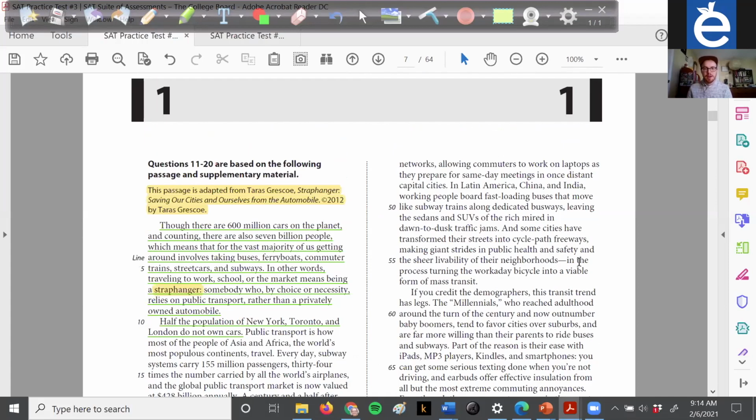And what do we got as this paragraph wraps up? Some cities have transformed their streets into cycle path freeways, blah, blah, blah, in the process, turning the workaday bicycle into a viable form of mass transit. Okay, so it looks like if I scan my eyes over this paragraph, they're giving different examples, different places that are doing it differently than the US.